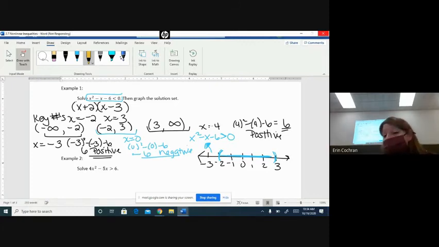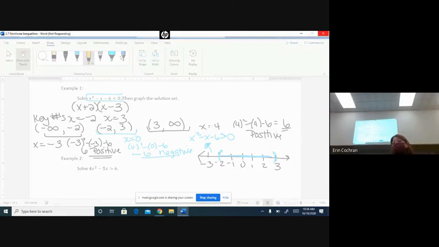And anything to the right of 3 would be greater than 0, because they were all positive values.